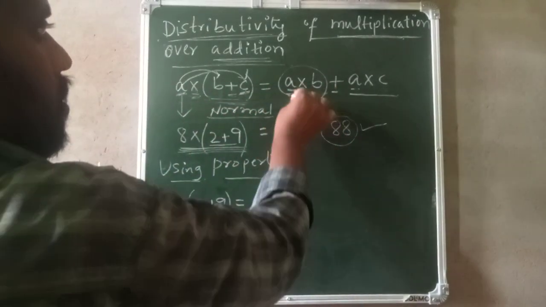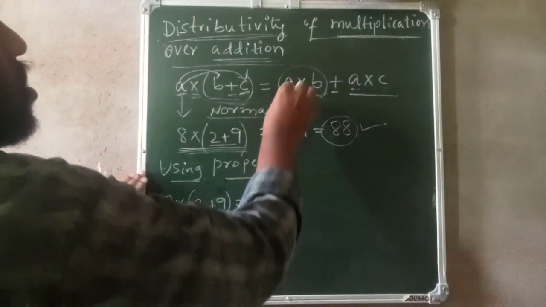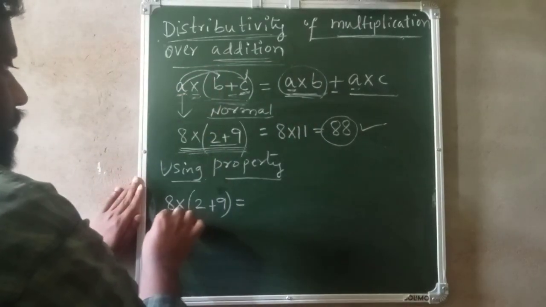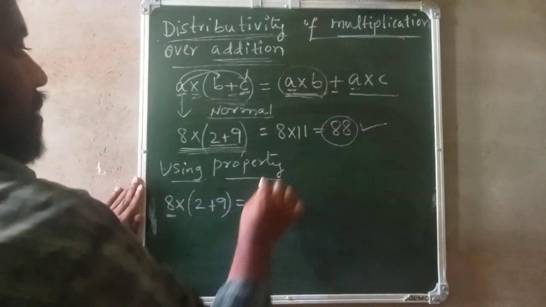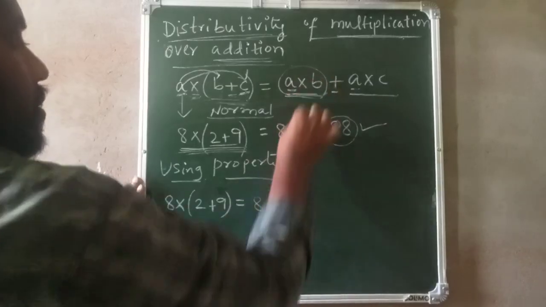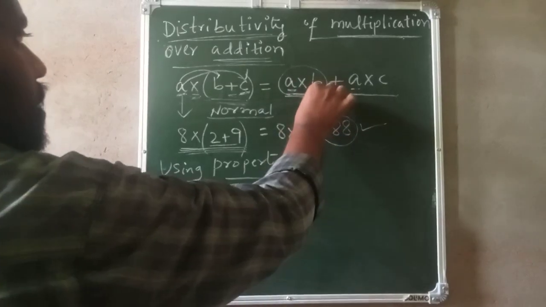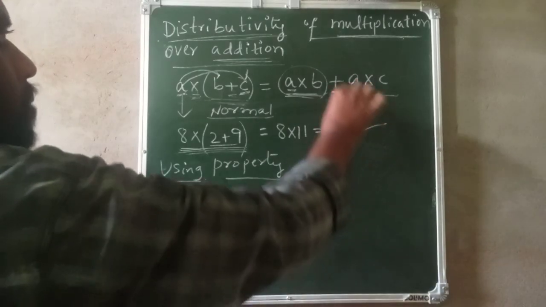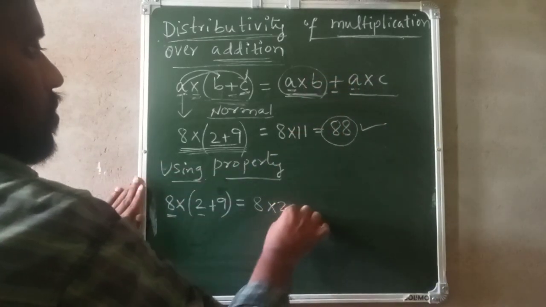So after equal we have A into B. In place of A, 8 is there, so write 8 into B. In place of B we have 2, so write 2.